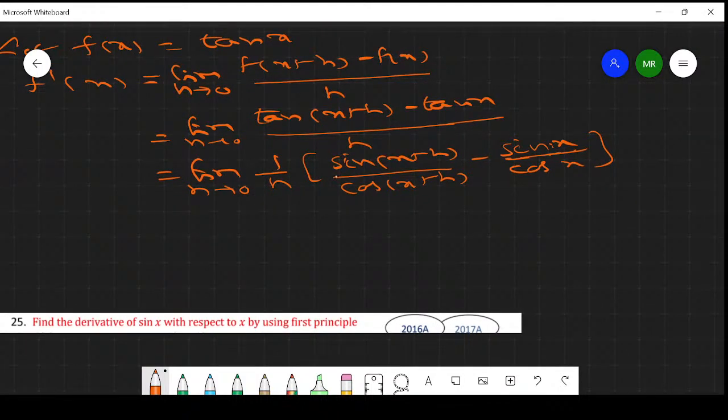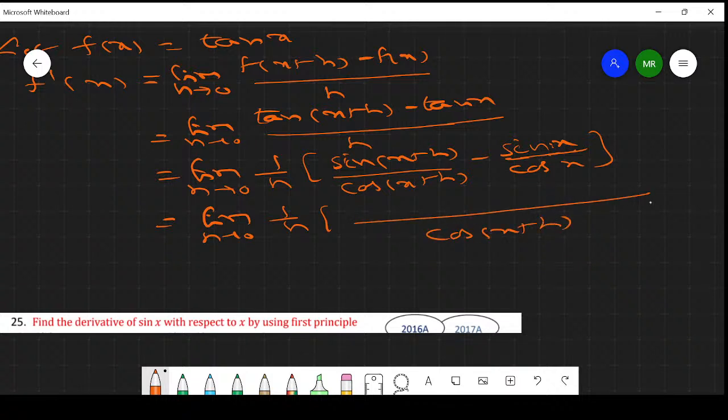Simple problem, right? Tan means sin by cos, I have written. Limit h tends to 0, 1 by h, if you take LCM, cos of x plus h into cos x. This will become sin of x plus h into cos x, minus cos of x plus h into sin x. Correct? Just you take LCM.